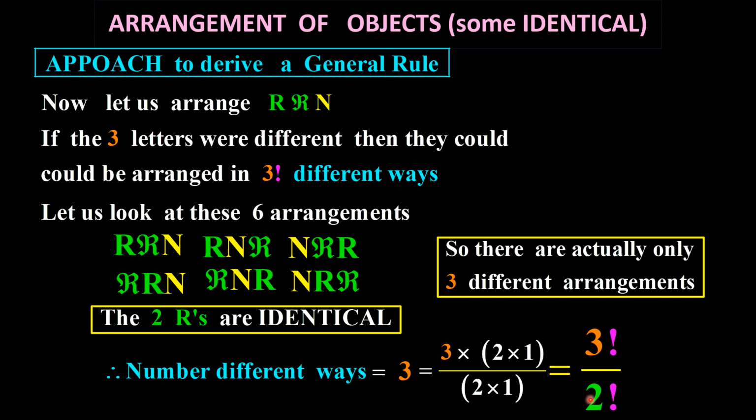And 2 times 1 is 2 factorial, right? So we take the 3 factorial, and there are 2 R's, so we divide it by 2 factorial. Okay, let's say we had 10 letters, but we have 3 identical R's, so that will be 10 factorial divided by 3 factorial there.